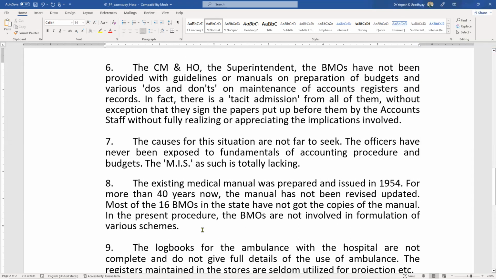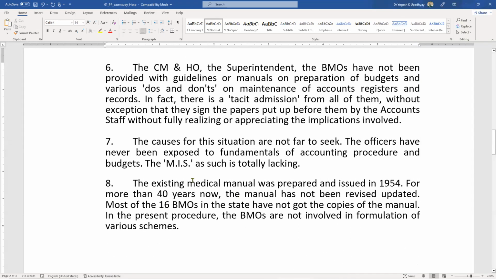The CMHO, the superintendent, the BMOs have not been provided with... CMHO is the chief medical and health officer, and BMO is the block medical officer. The superintendent, the BMOs, the block medical officer have not been provided with guidelines or manuals on preparation of budgets and various do's and don'ts on maintenance of accounts, registers, and records.